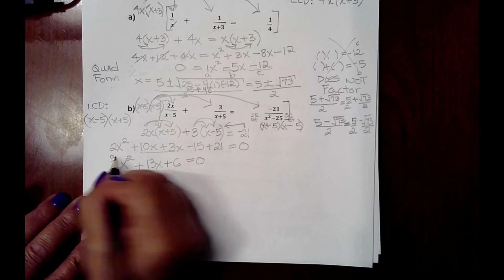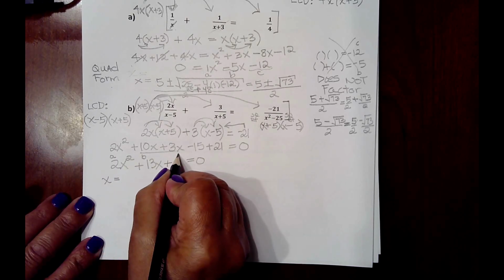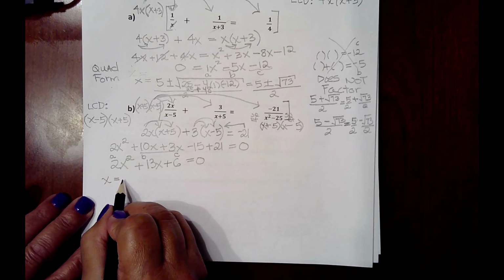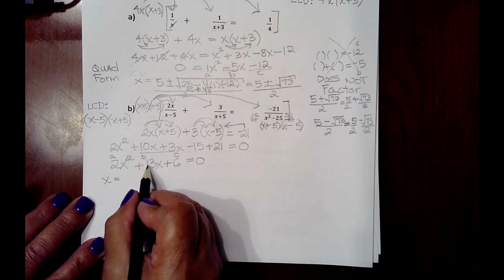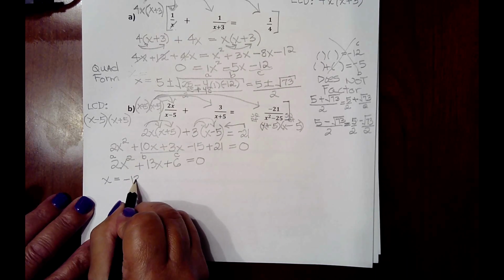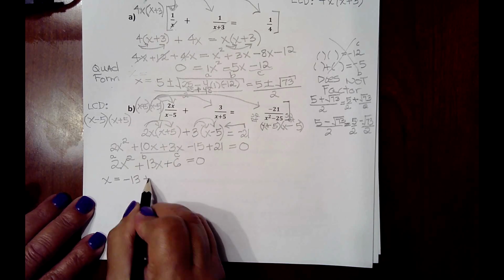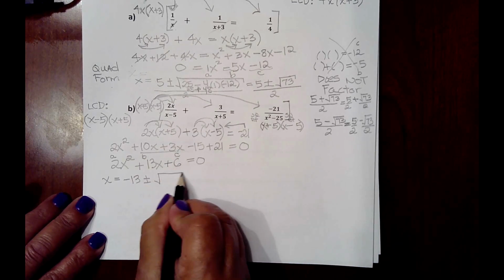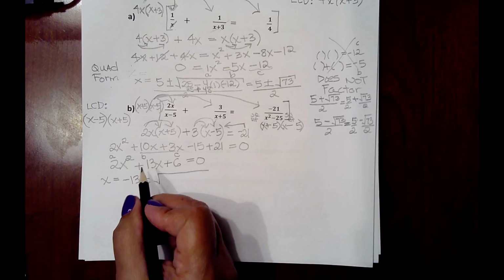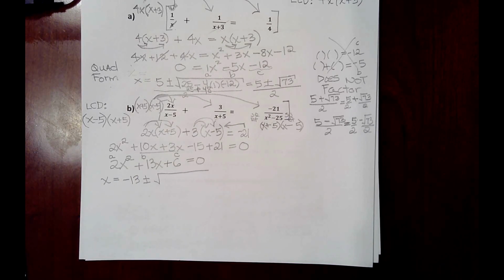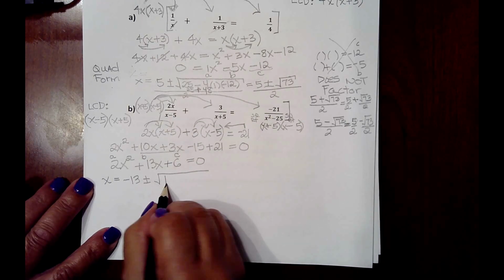So again, this is A, this is B, this is C. Formula goes opposite sign of the B value, so negative 13, plus or minus the B value squared. 13 squared is 169. You can go ahead and do that in your calculator if you don't know that, but it is 169.